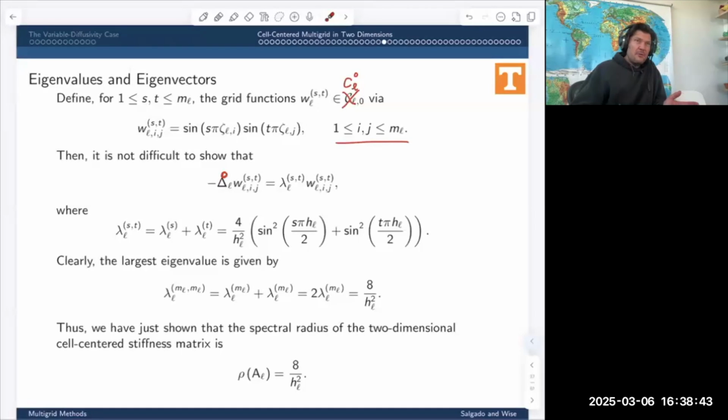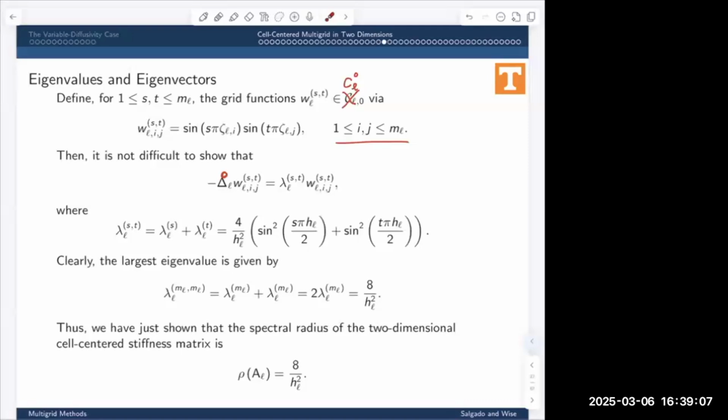The reason it works is because I can use the correspondence between the stiffness matrix and this interior operator that I defined earlier, the one with the modified stencils. So the stiffness matrix and this modified Laplacian, which acts only on interior grid functions, are really one and the same entity.